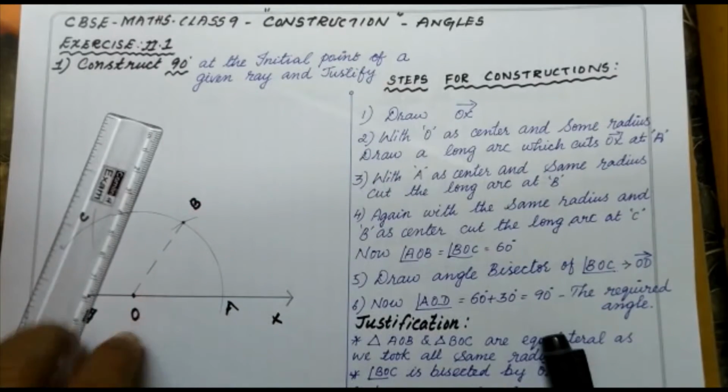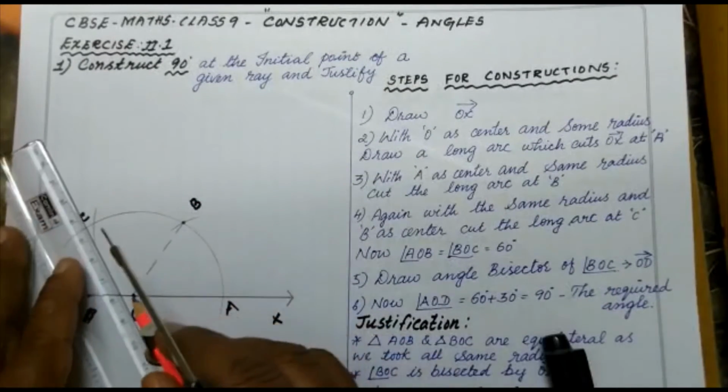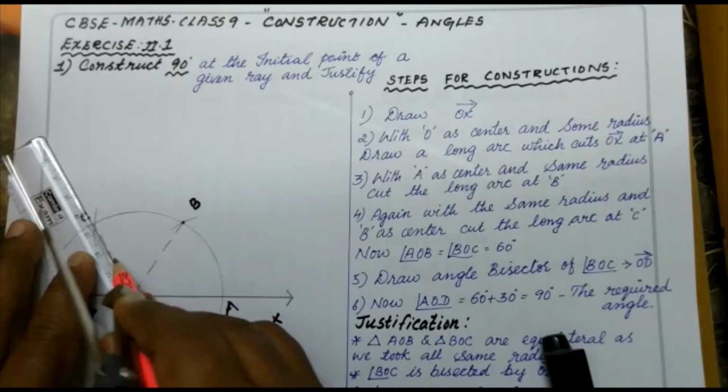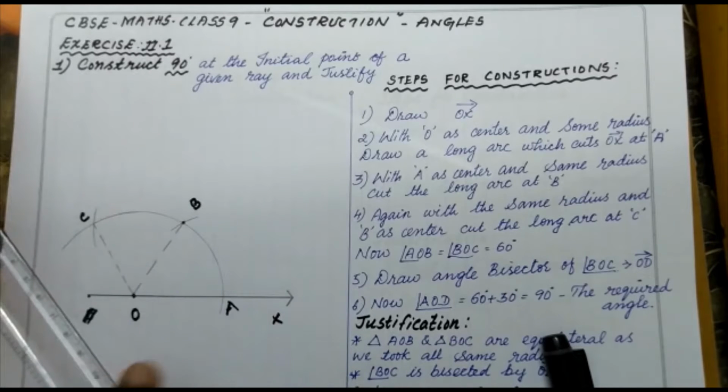This angle is 60 degree. Same way, this portion A, O and C, if you join also, this is another 60 degree, right? This is 60 degree. This is 60 degree.